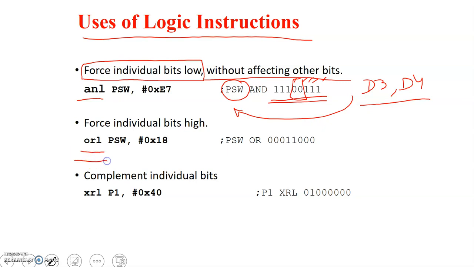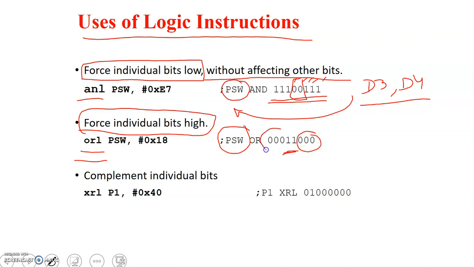Similarly, in OR, the individual bits are forced high. Okay, so when I am keeping it equal to 1, then again the D3 and D4 bits of PSW will become 1. Whatever be the content in PSW, the D3 and D4 bits are going to become 1, while the rest of the bits will be unaffected if I am using 0 here.